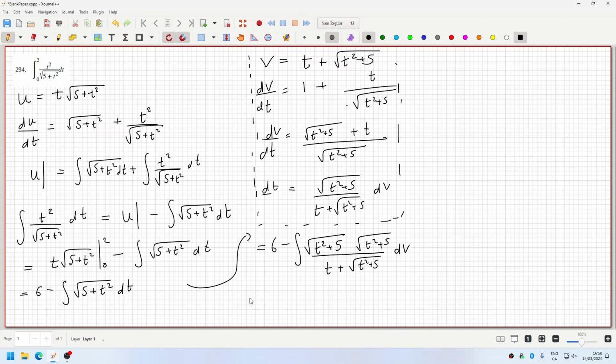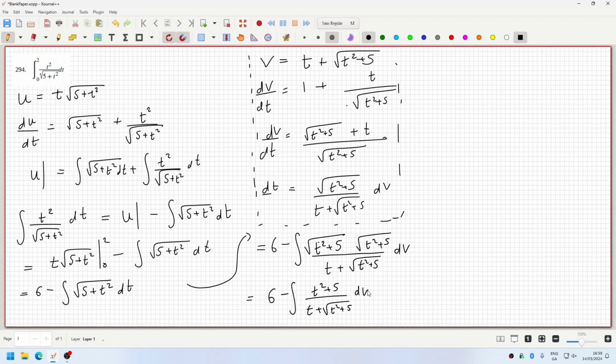So that would be 6 minus the integration of t squared plus 5 over t plus root t squared plus 5 dv. Okay, let's try and replace the t now.